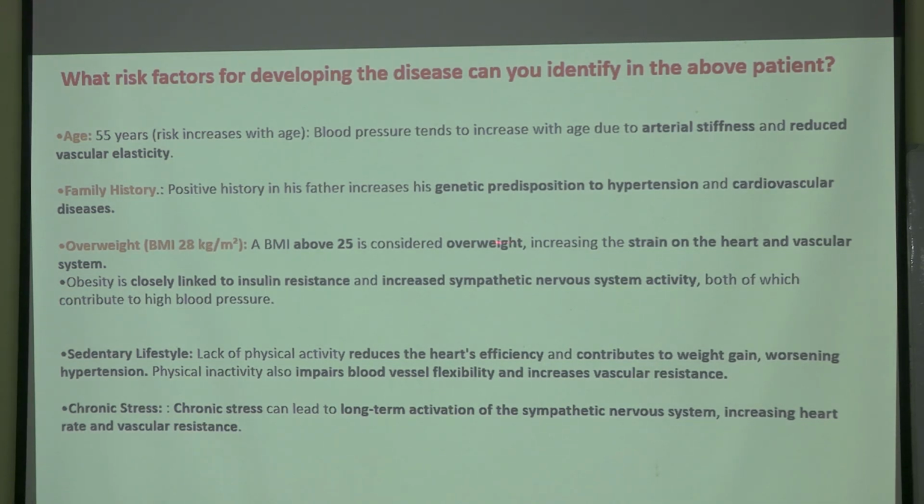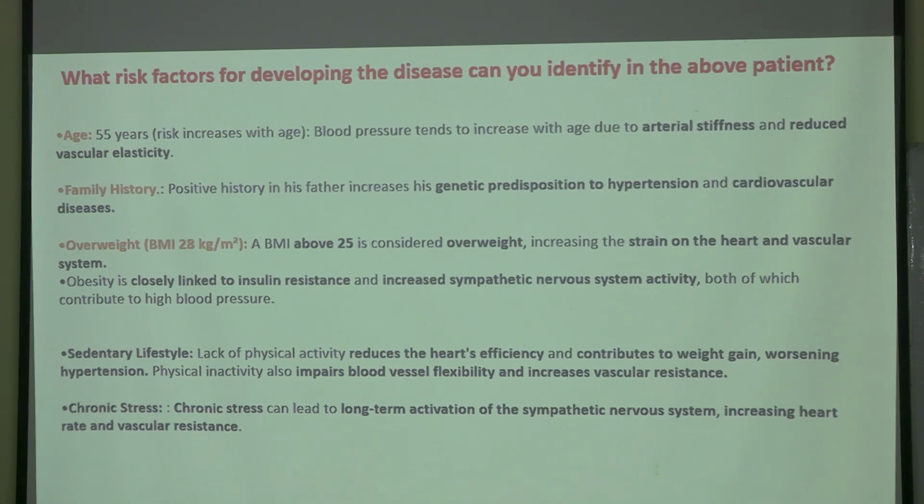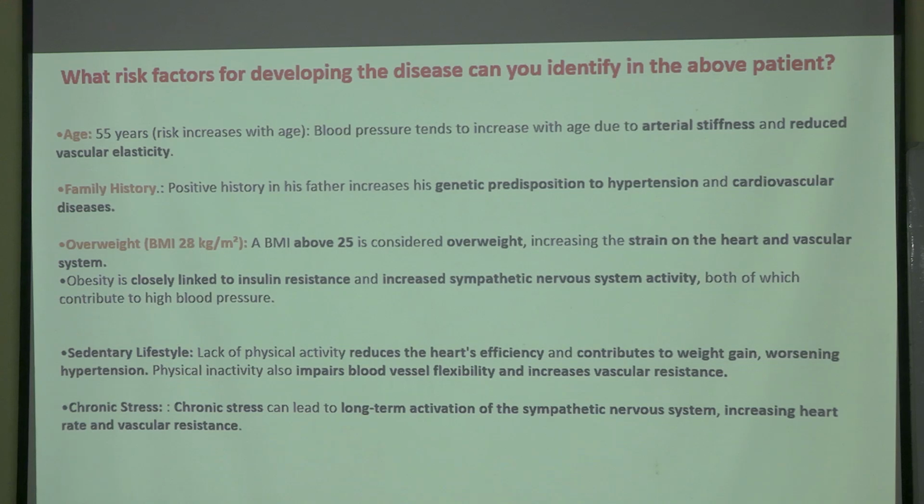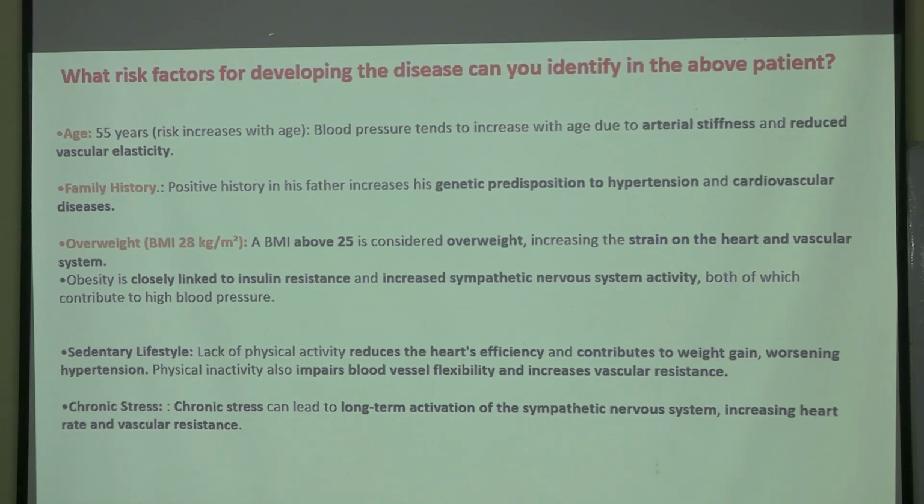So, this overweight category is also an influencing factor. How does it influence? See, it causes an increase in the strain on the heart as well as the vascular system. So, the increase in strain on the heart and vascular system both equally facilitate high blood pressure as well as hypertension.